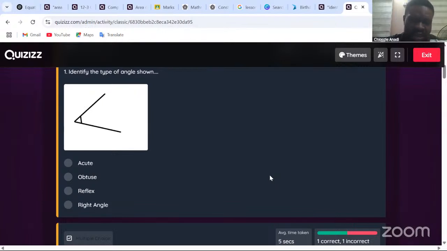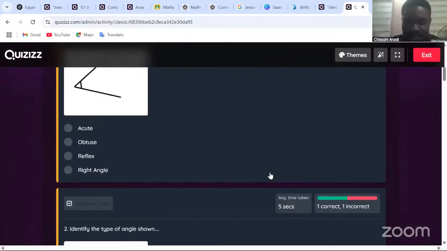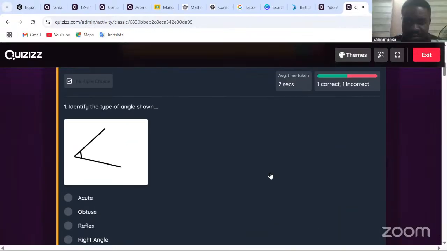Very good. Correct. That's an acute angle, because an acute angle is less than 90 degrees but greater than what? 0 degrees. That's correct.